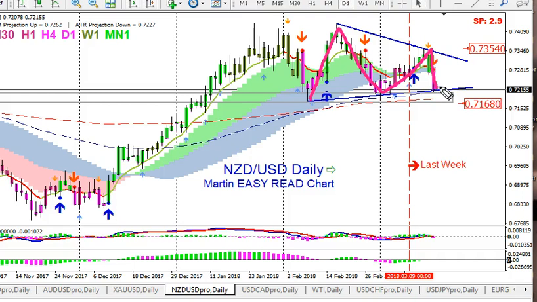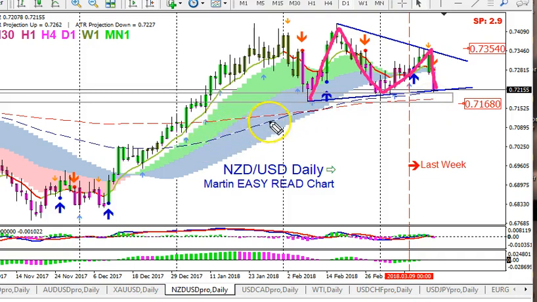Now let me just tell you again, just to remind you, we have the trend line here, which is like a dynamic support. We have a support area with this gray rectangle. We have the red dash line, that is the 200 SMA.